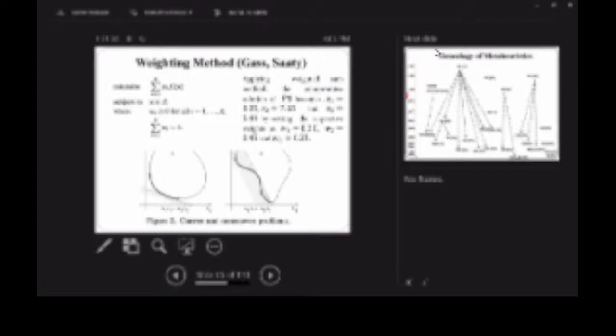Now if we take the weight function this way, W1 Z1 plus W2 Z2, this gives you a line here, and this line touches this convex surface at a point. That gives you a point on the true Pareto front. That means you always get a point on the true Pareto front by considering this weight vector.